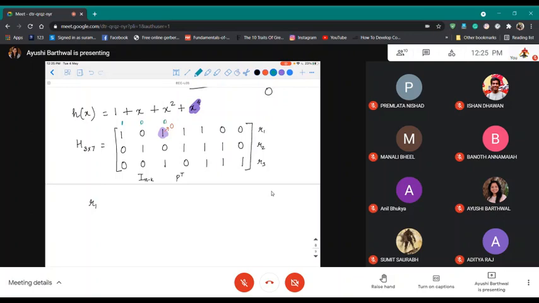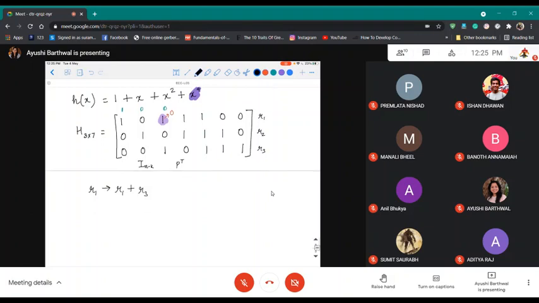So you have to replace your first row by the addition of first and third row. So H, 3 cross 7, will be: the other two rows remain the same.